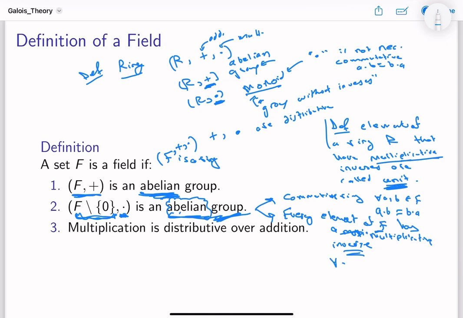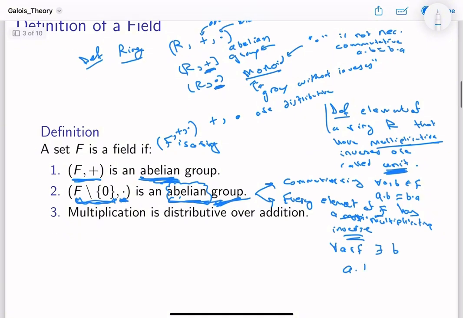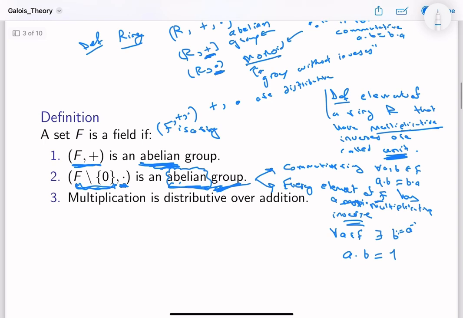So for every A in F, we require that there exists a B where A dot B is equal to 1, since we're talking about multiplicative inverses here. And we usually denote B by A inverse as such. Since the field is commutative, we will also have that this is the same as BA. So these are two additional things that a field has that a ring doesn't generally have.